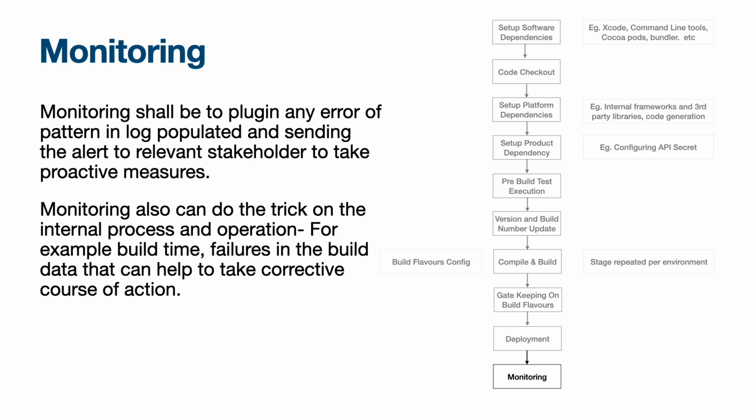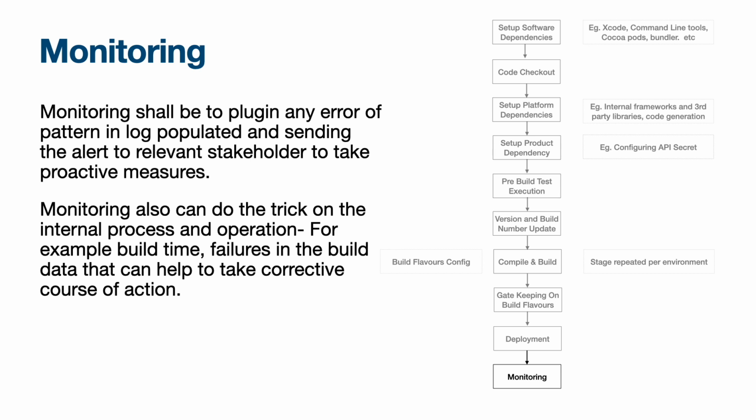Great. We have reached the end of the different stages. The intent of the 100 feet overview was to give an understanding of the different responsibilities involved while designing a pipeline for mobile development.